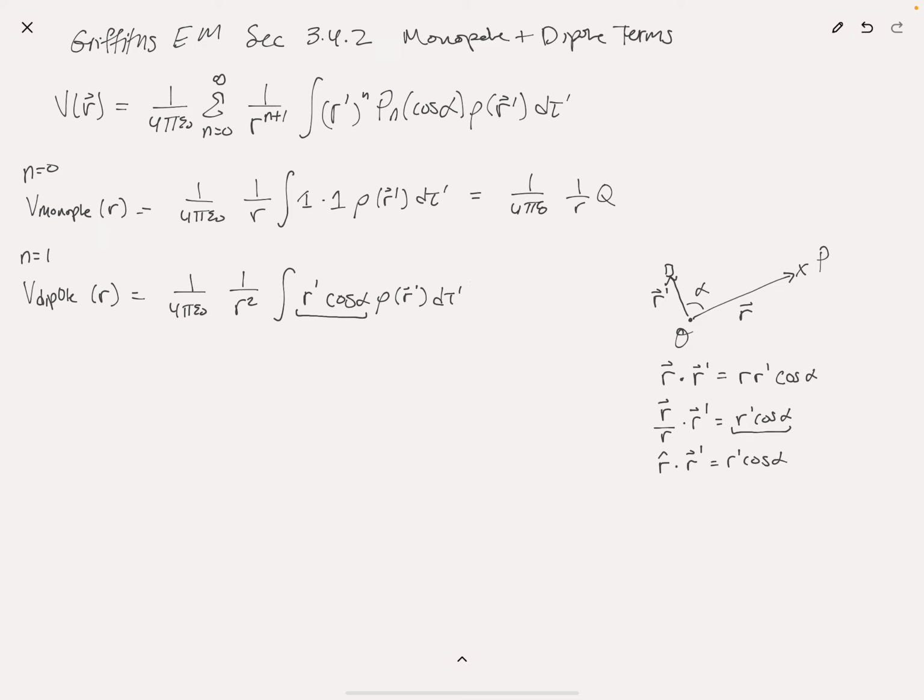So I can go ahead and plug that into my expression here. 1 over 4 pi epsilon naught, 1 over r squared, and this is the integral of r hat dotted with r prime, but the r hat doesn't care about the prime coordinates, so that can come out of the integral, and I'm left with r prime integrating my charges over where they live.